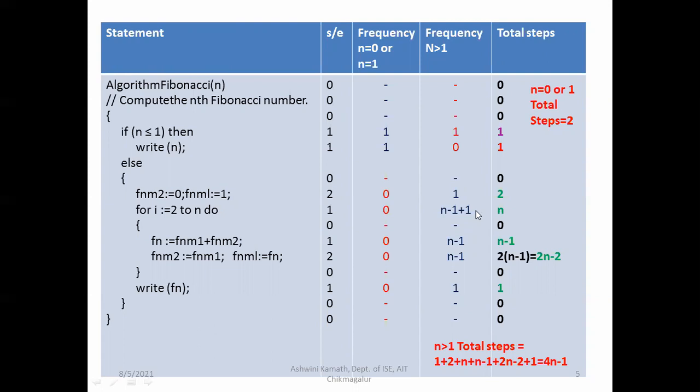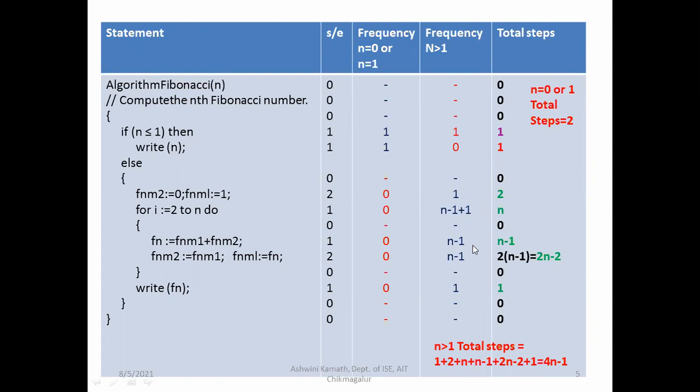Okay, then this statement, that is fn is equal to fnm1 plus fnm2, it will be executed n minus 1 number of times. That is when the for loop condition is true. How many times will the for loop condition be true? N minus 1 times. Then fnm2 is equal to fnm1 and fnm1 is equal to fn.